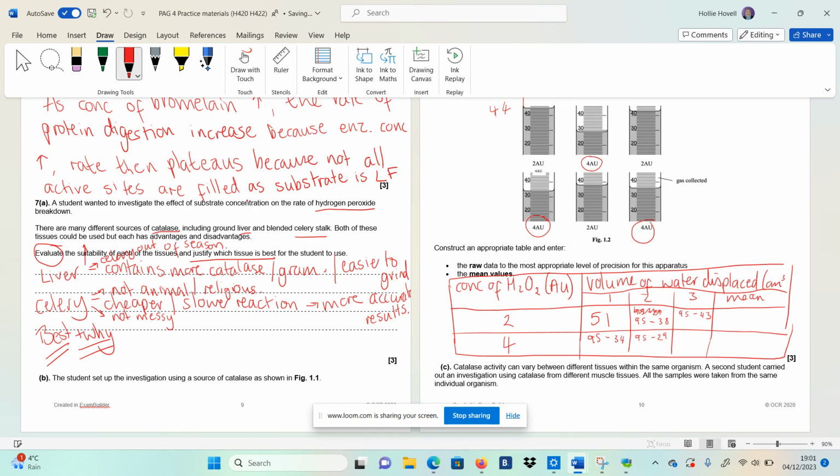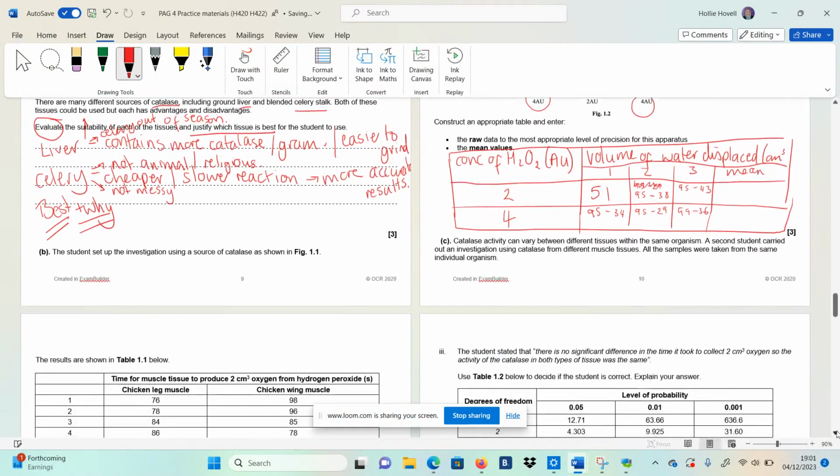And this one I'd say is on, or this 41, sorry, down here is on 36, is it? So 95 minus 36. So you needed to work those out. Don't write those calculations in, write the actual answers that you got. And then calculate the mean. So add the 3 together, divide by 3. Okay, so it asked you to put the raw data in, okay, and the means. So making sure you've done that.